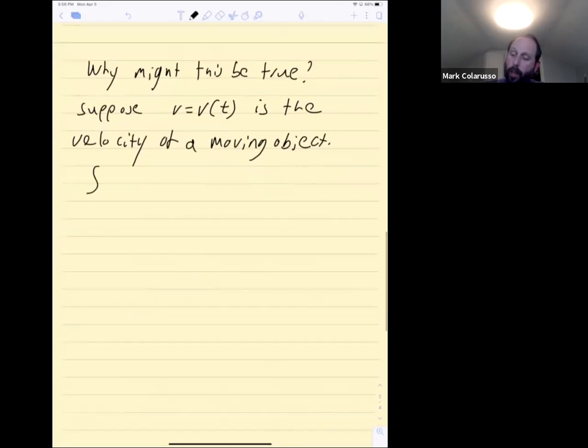We know that if we look at the definite integral from time t equals a to time t equals b of the velocity function, we get the net displacement, or how far the object has traveled between time t equals a and time t equals b.